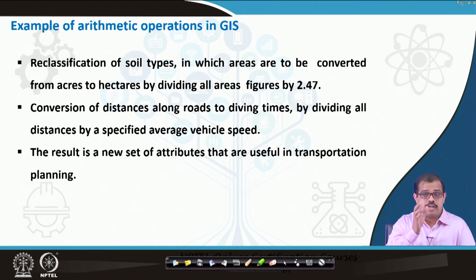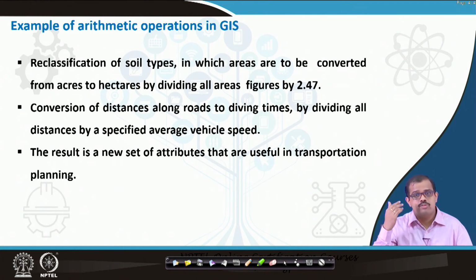When they are trying to do a reclassification of soil where area has to be converted, they don't know what the index terms actually are, whether the representation is in acres or in hectares. So they normally just put it as units. It may not always be correct to suggest every time that the report is in units. Okay, you have to be very specific in terms of area. So look at the metadata, how this particular data is being represented.